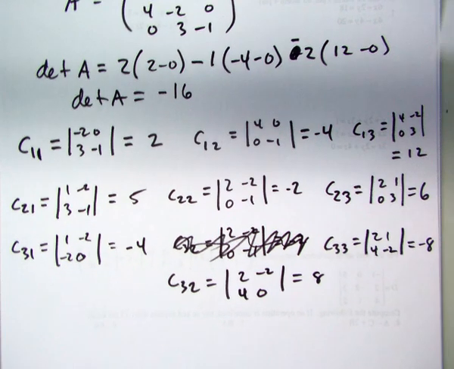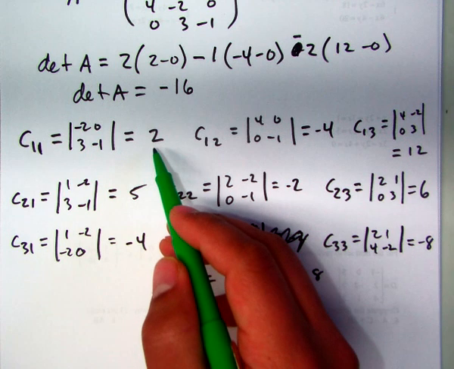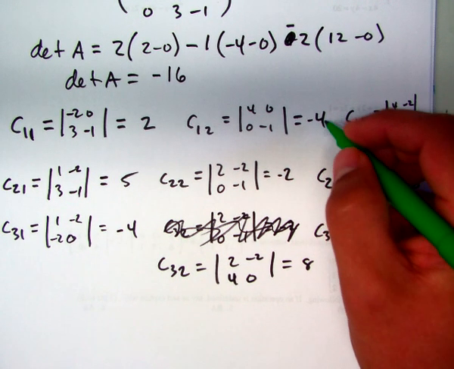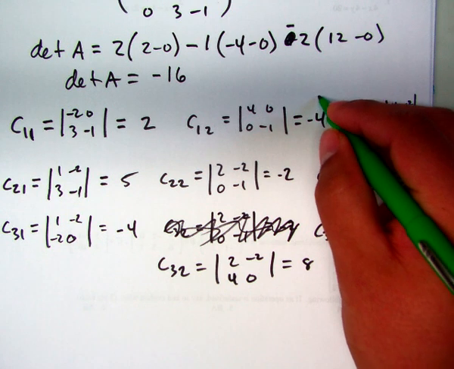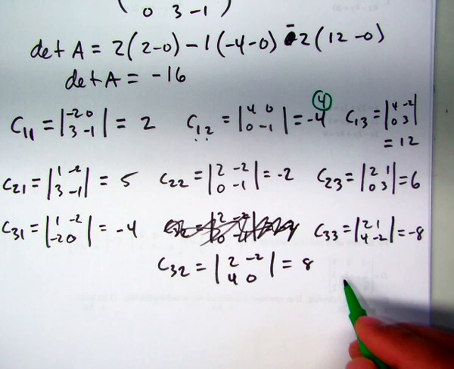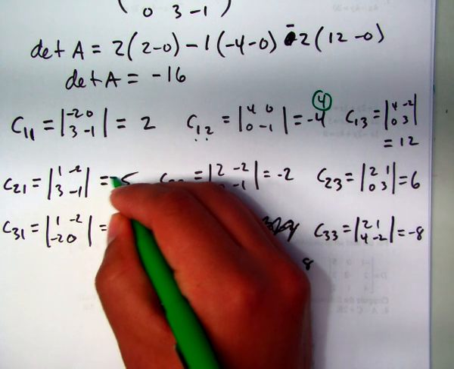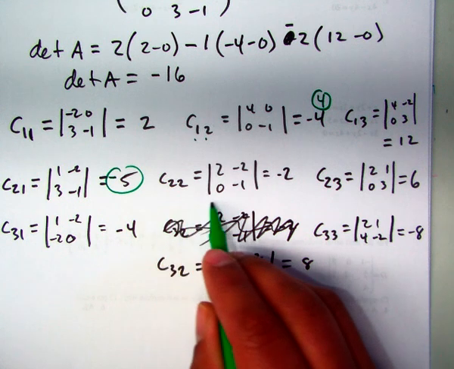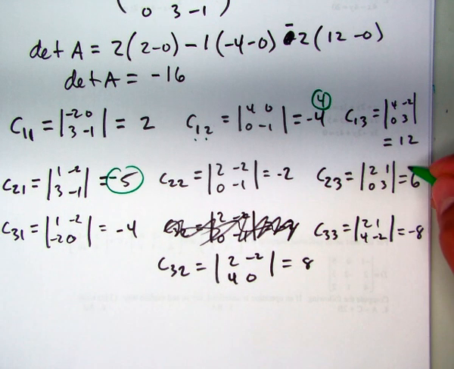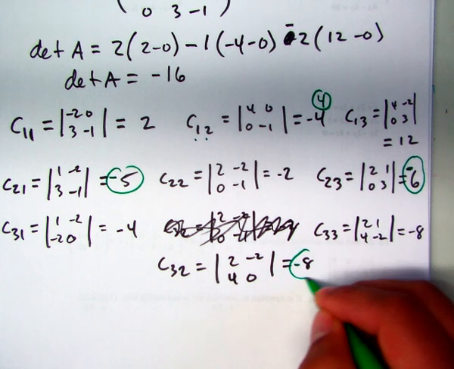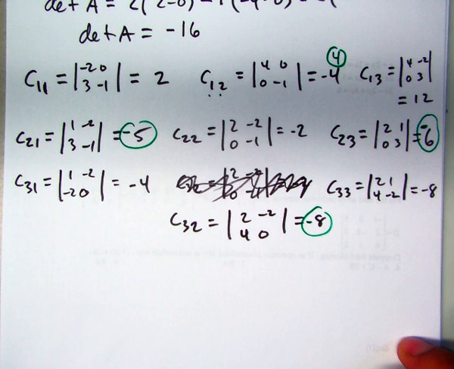So for 1,1, what do I do? Leave it. 1,2, this becomes +4. So anything that has an odd sum here, you do the opposite. So that's good. 2,1, we're going to make negative. Anything I'm changing, I'm going to put a green circle around it. Okay, so these are the 4 positions that switch out.